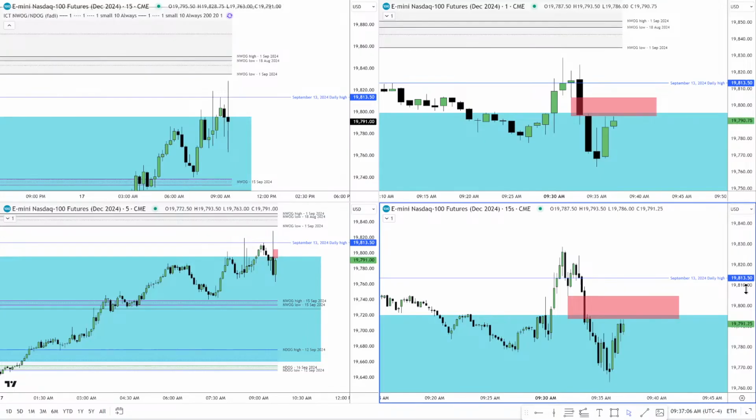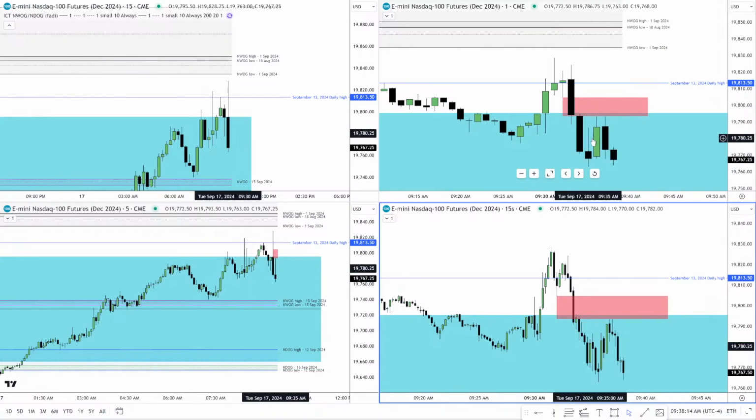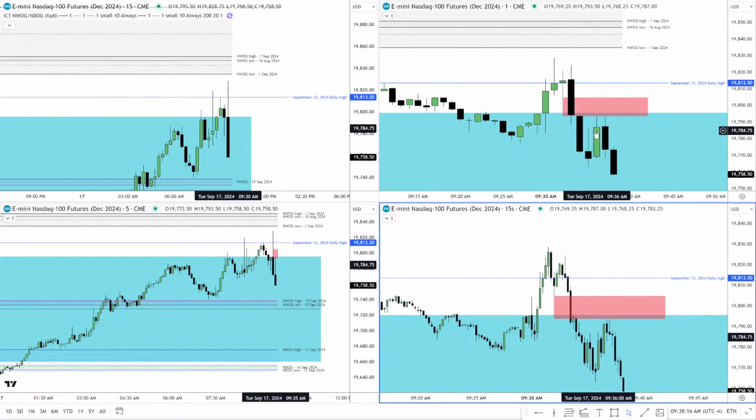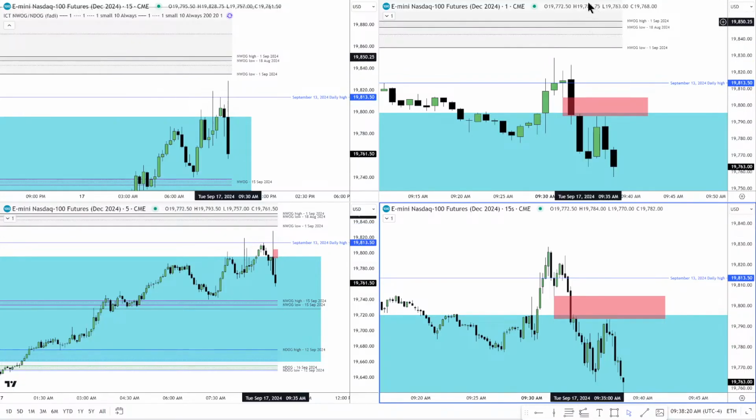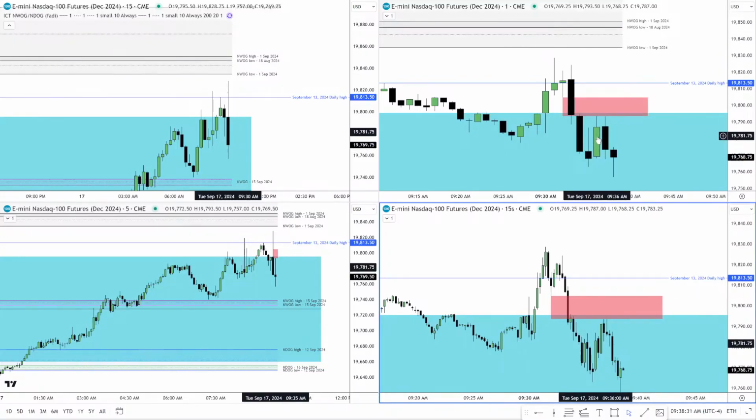Now we're trading into first presented fair value gap here. All right, so here we have this candlestick's high. You're going to look at the value up here, upper right-hand corner chart. So the high value on this candlestick is, where are we at? 19,793.5.